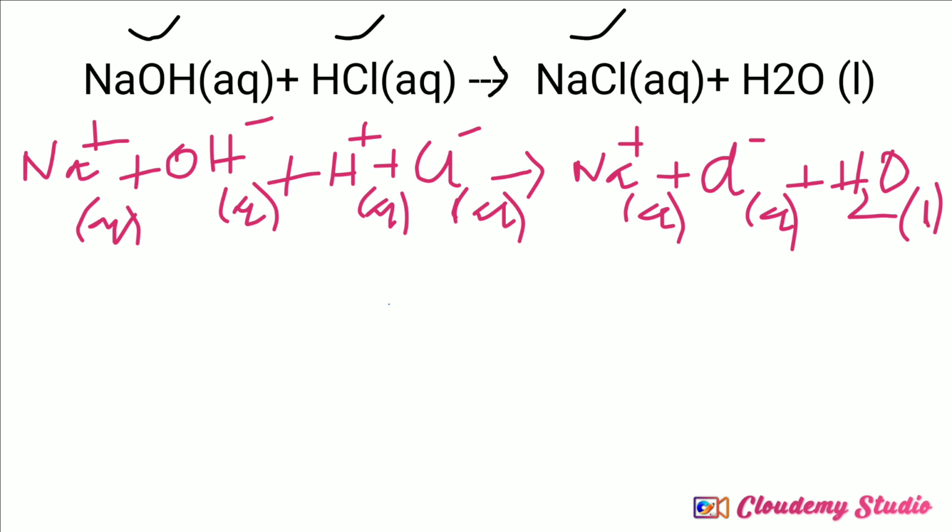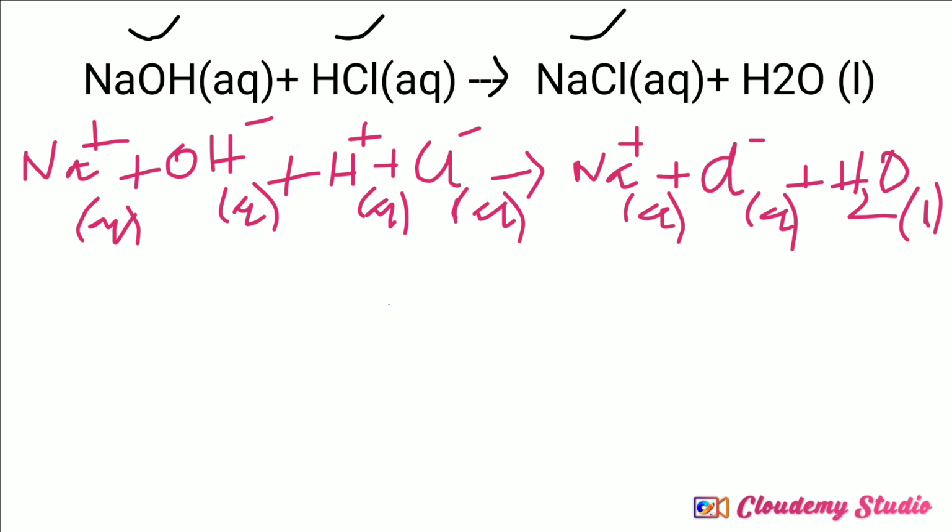Sodium hydroxide we have separated into Na plus aqueous and OH minus aqueous. HCl aqueous we have separated into H plus aqueous, Cl minus aqueous. Sodium chloride we have separated into Na plus aqueous and Cl minus aqueous. And finally, H2O liquid.